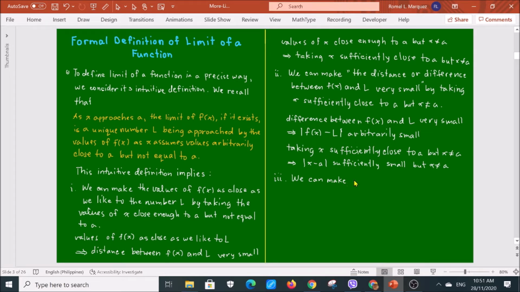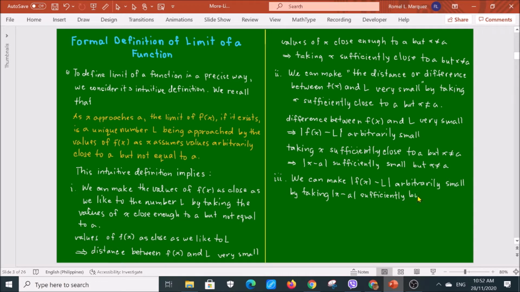So I can now write, we can make the absolute value of f of x minus L arbitrarily small by taking the absolute value of x minus a sufficiently small.